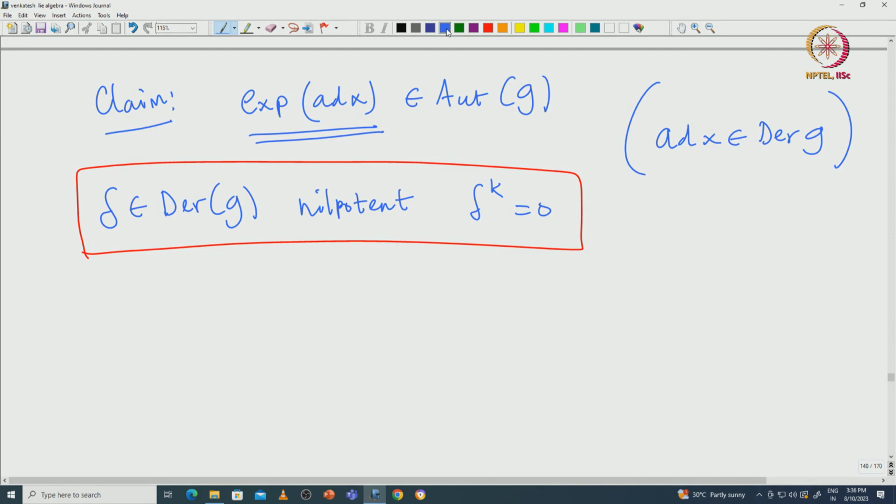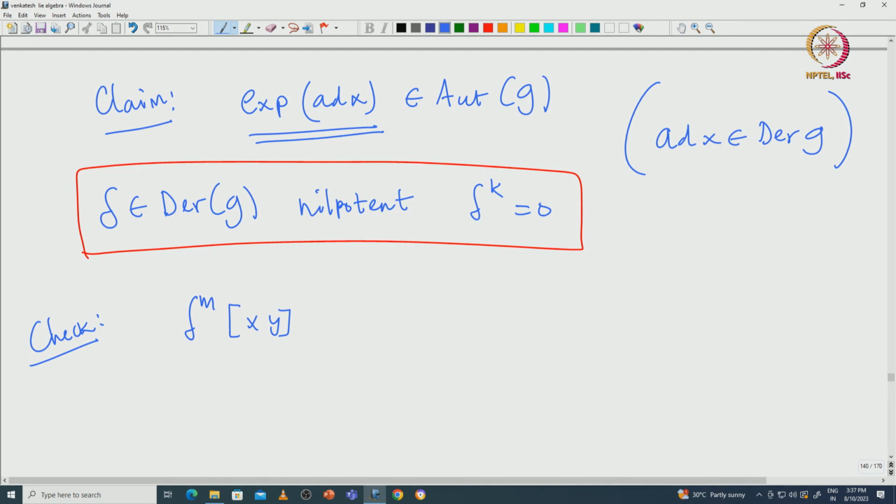Let us recall, if you assume delta power k is 0, then delta being a derivation will tell you how to compute delta power m on the bracket x y. I will leave it to you to check. This is not that hard to check; it is again the Leibniz rule written in a different form.